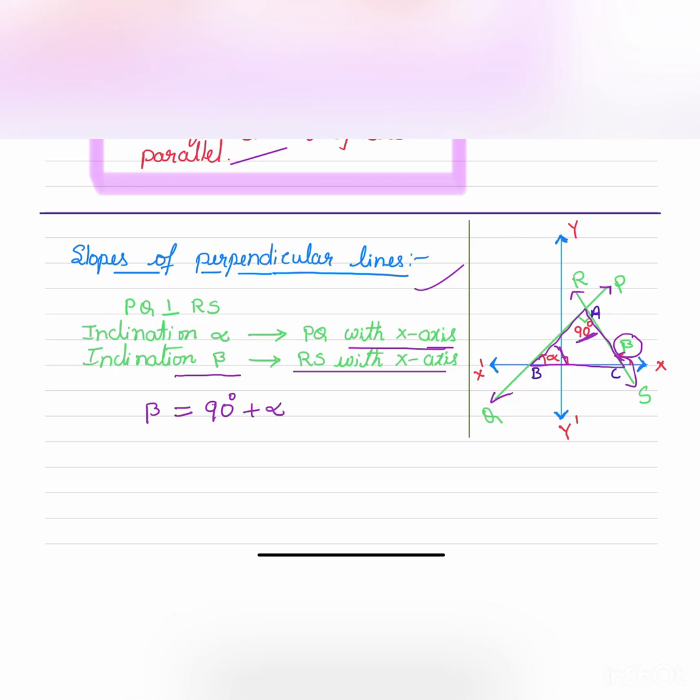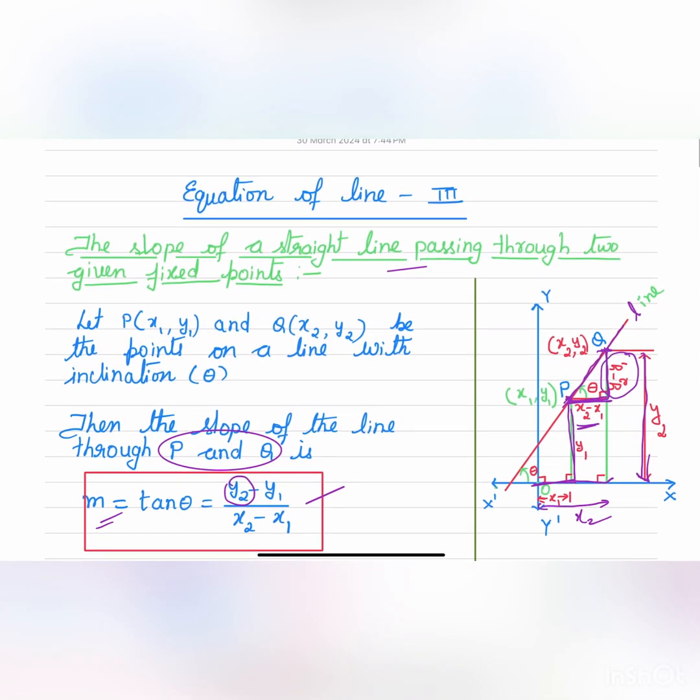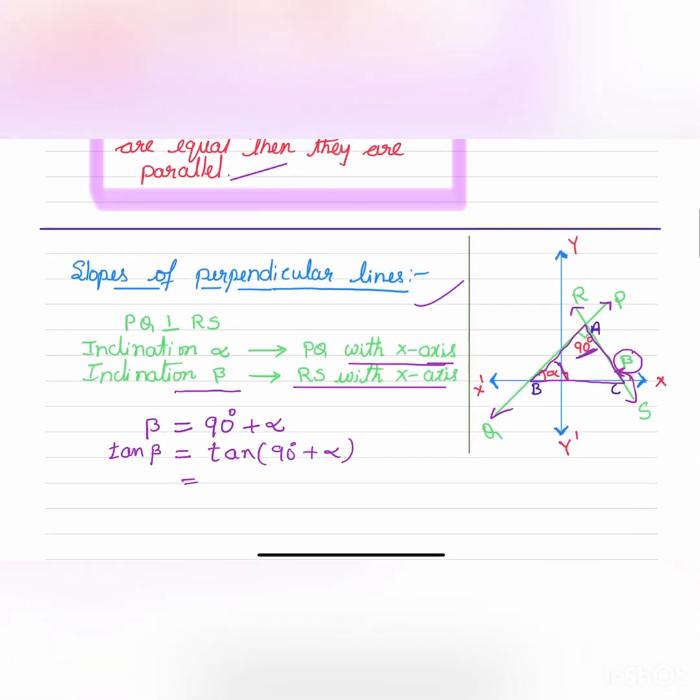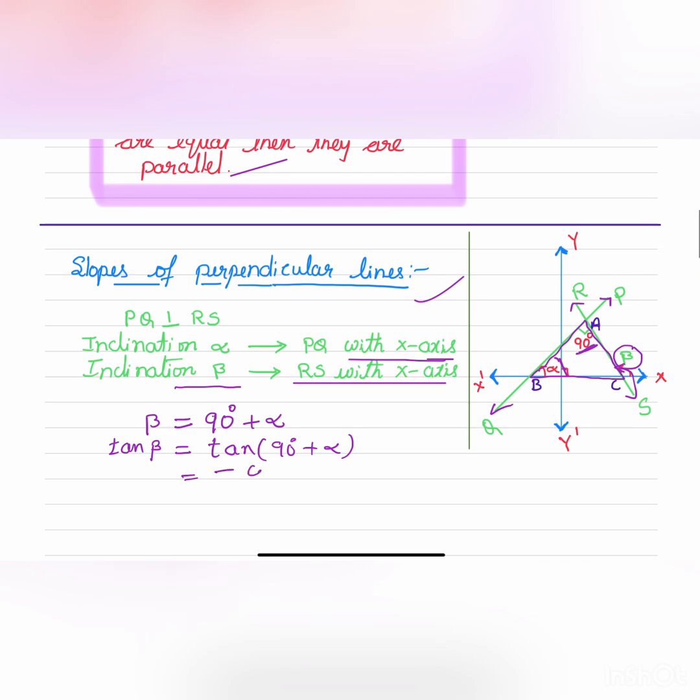Next, let us apply tan on both sides. We take tan beta because we are focusing on the slope. So tan beta is equal to tan of 90 degrees plus alpha. Using the complement, this will be equal to minus cot alpha.